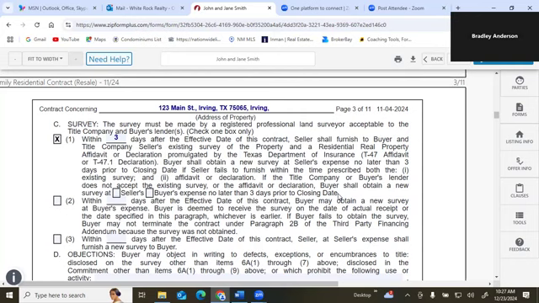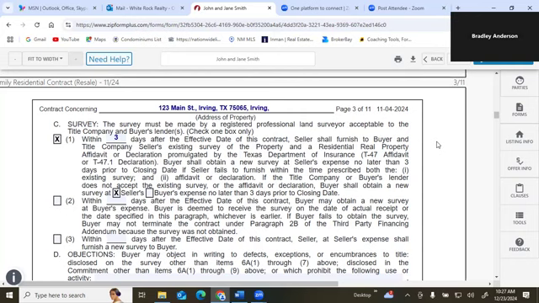So, if you have to check this, I would say the seller has to pay for it. But I want to caution you that a survey could take a while. Okay, so in some of the rural areas, it could take 21, 25 days.